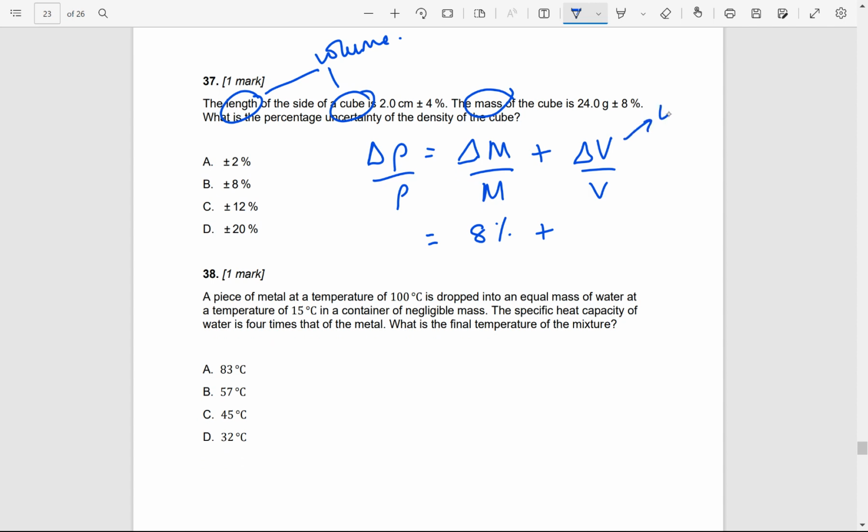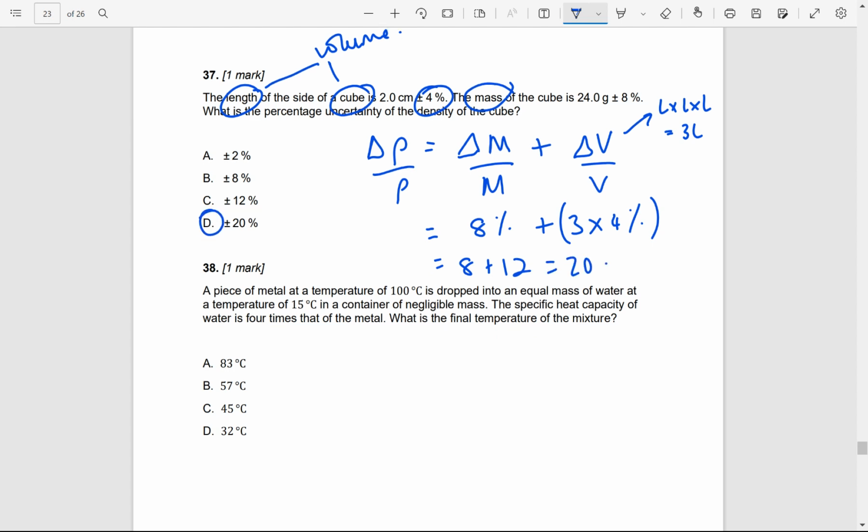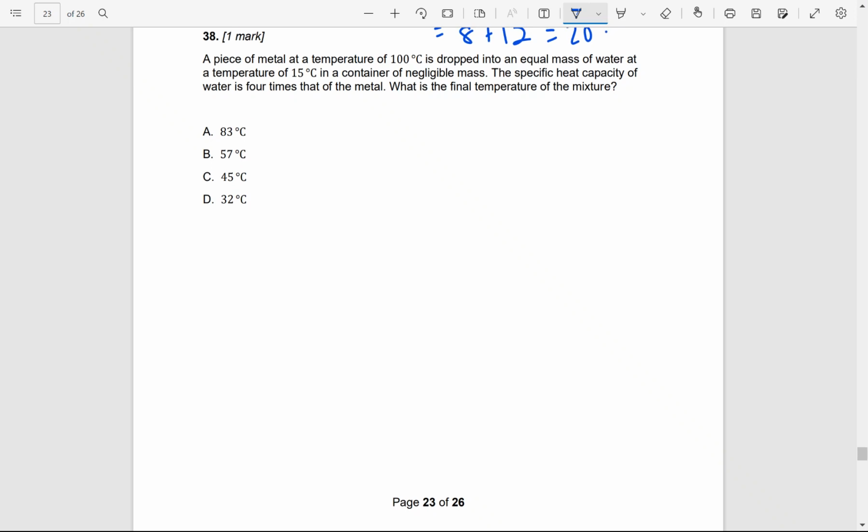So volume is length times length times length, which is 3L. So it's 3 times 4. So it's 8 plus 12 equals 20.